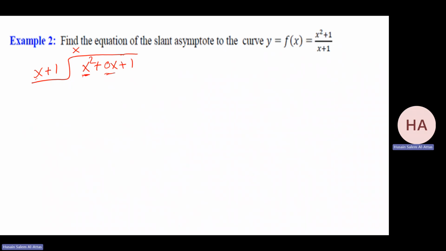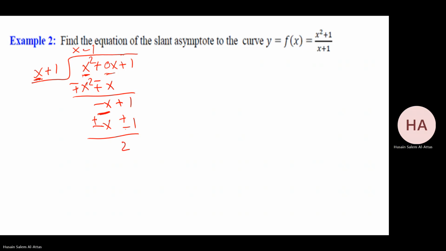Then divide: I get x, multiply, so I have x squared plus x, subtract, that will be minus x plus 1. I am not done because this is still the same degree as the divisor. I want it to be less. Then minus 1, multiply, minus x minus 1, subtract, that will be 2. So the slant asymptote will be y equals x minus 1.